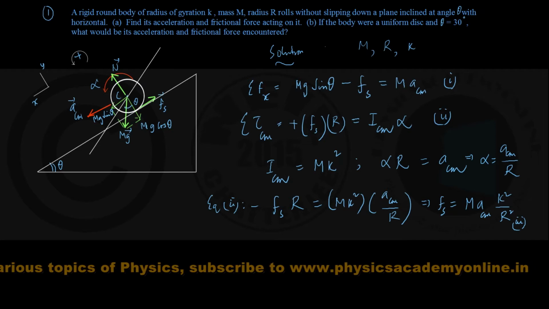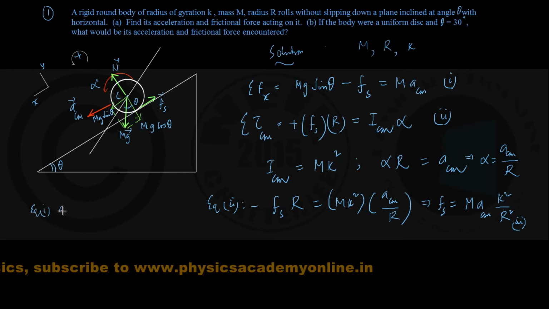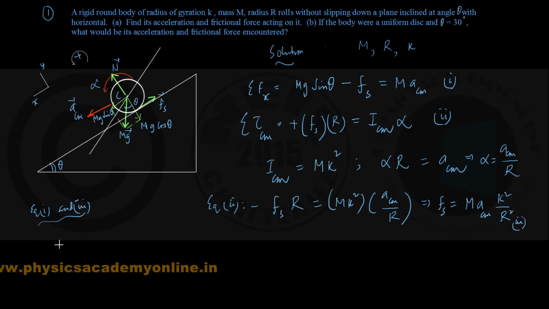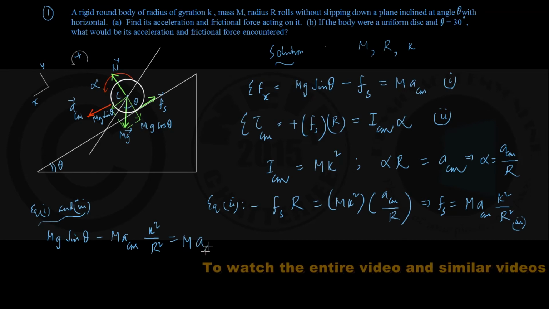So we're going to combine equation number 1 and 3 now and write down that mg sine theta minus Fs, that is m into ACM into k square by r square, is equal to m into ACM.